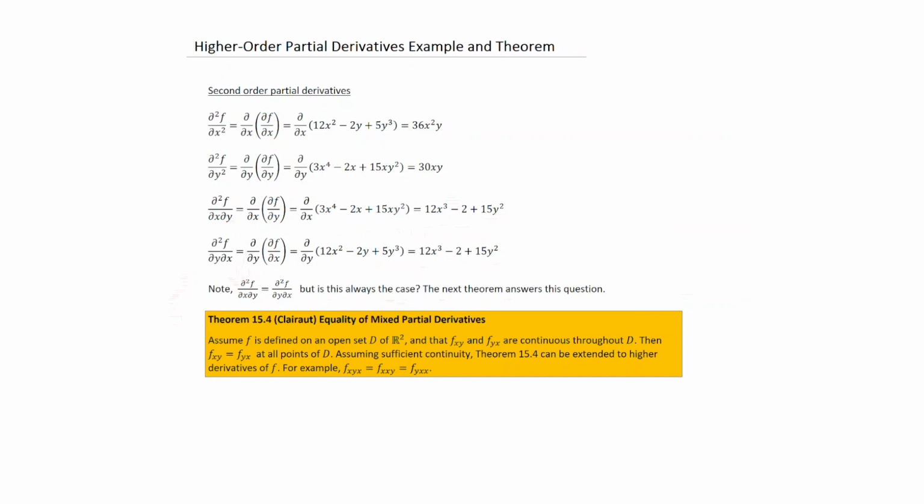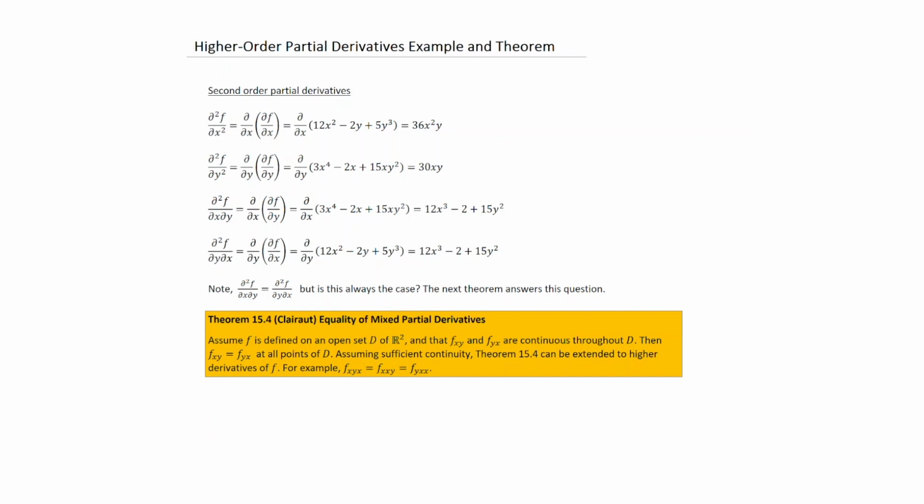We assume f is defined in an open set D of R2, and that f partial xy and f partial yx are continuous throughout D. Then, and only then, f partial xy equals f partial yx at all points of D. Assuming sufficient continuity, theorem 15.4 can be extended to higher derivatives of f.